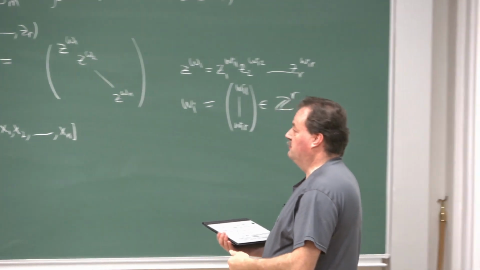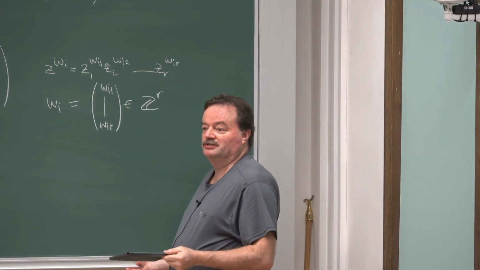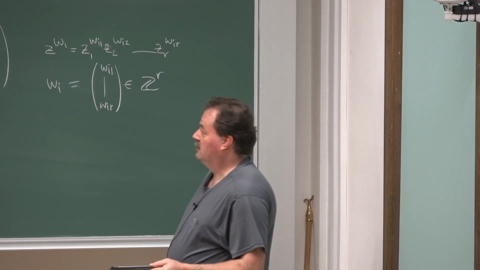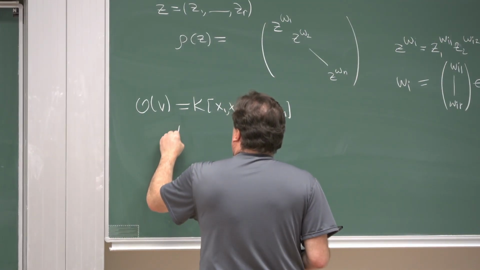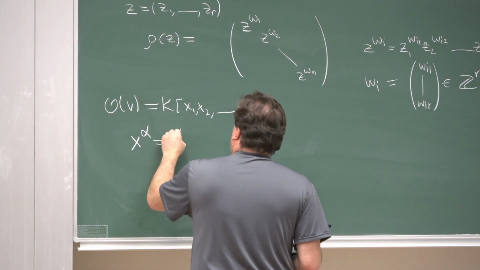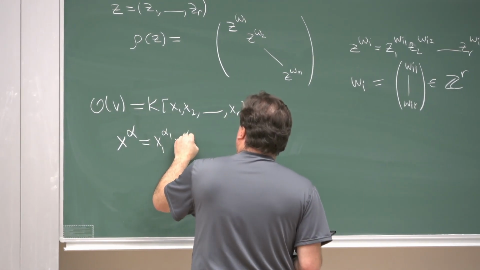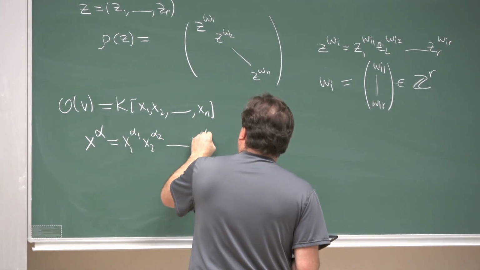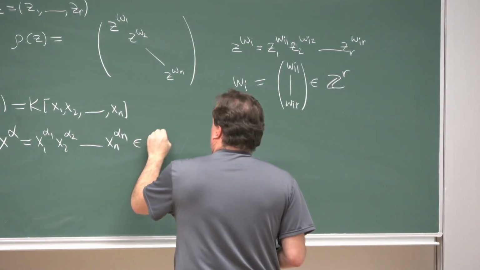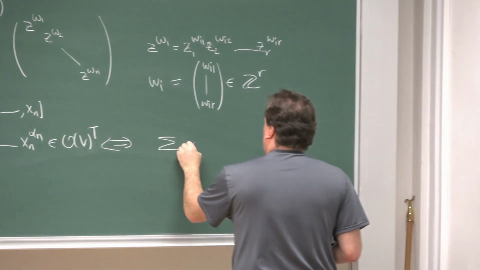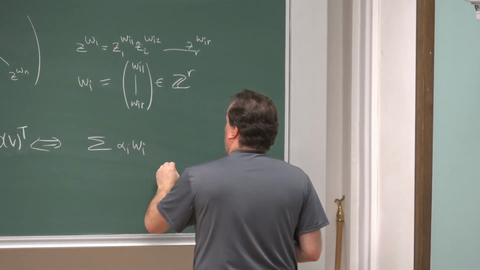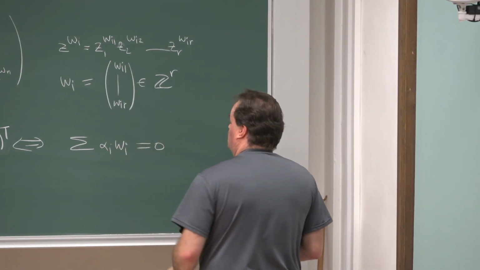And then the invariant ring is generated by just monomials. And which monomials are invariant? So x^α, which is x1^α1, x2^α2, up to xn^αn, is invariant under the torus action if and only if the sum of αi ωi is equal to 0.